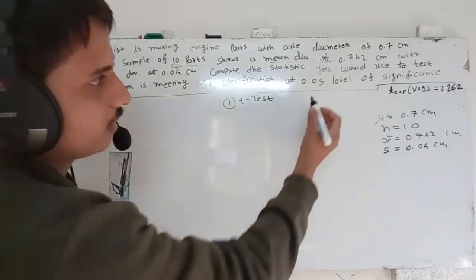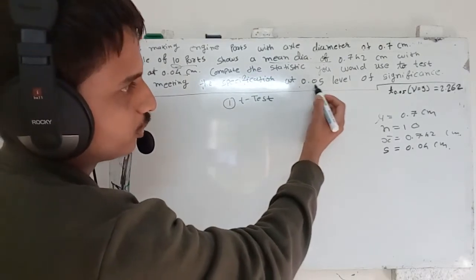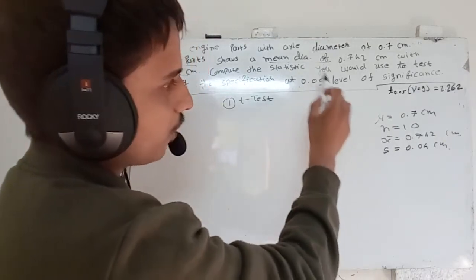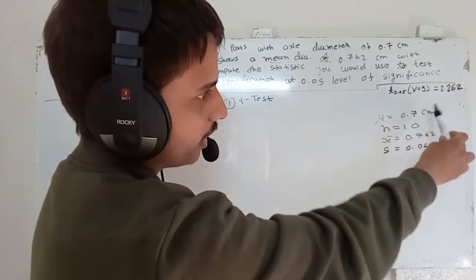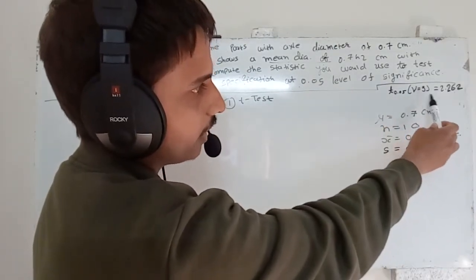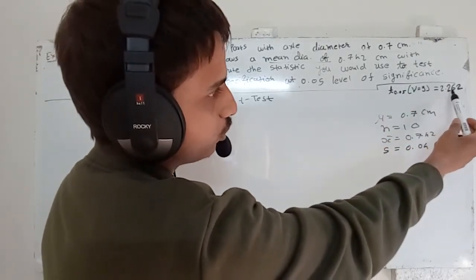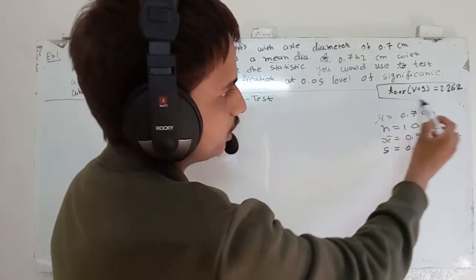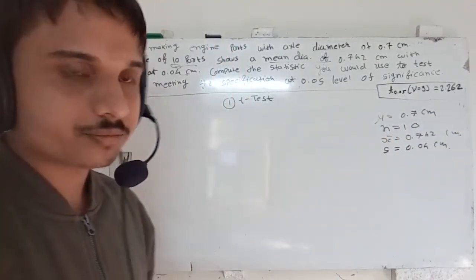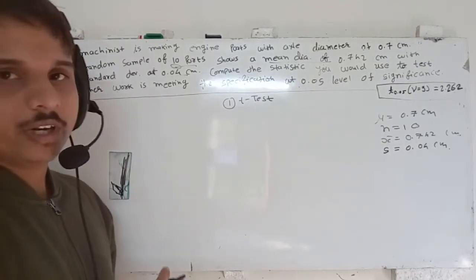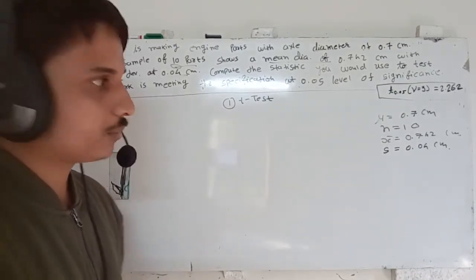And we are given the level of significance, that is 0.05. And at 0.05 level of significance and degree of freedom at 9, T value is given, that is 2.262. Now this value will be given in your question. Now this example we will carry out in total 6 number of steps.